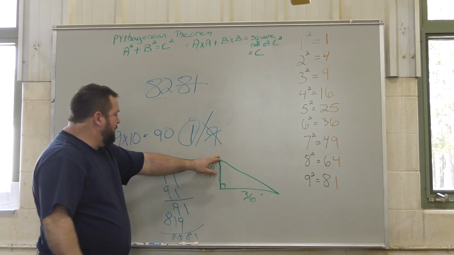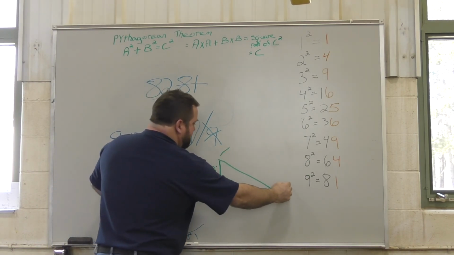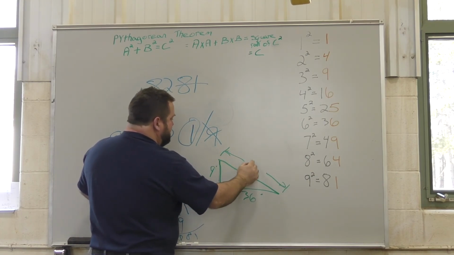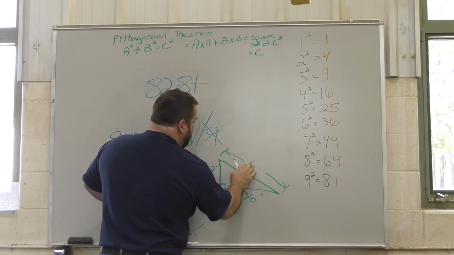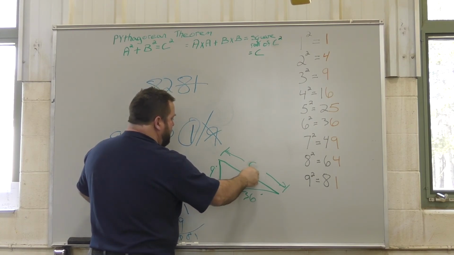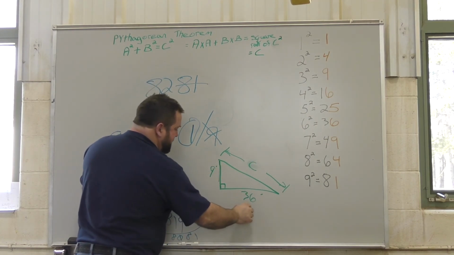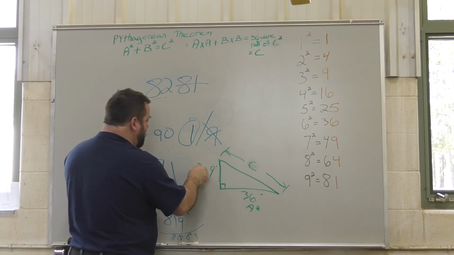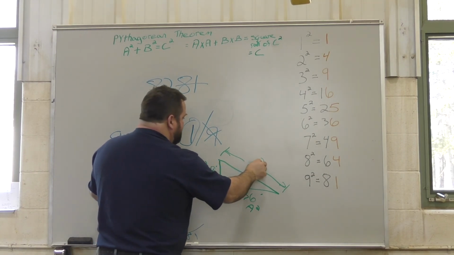We're trying to figure out what this length is, because this is C. We're trying to figure out what C is, because A squared plus B squared equals C squared.